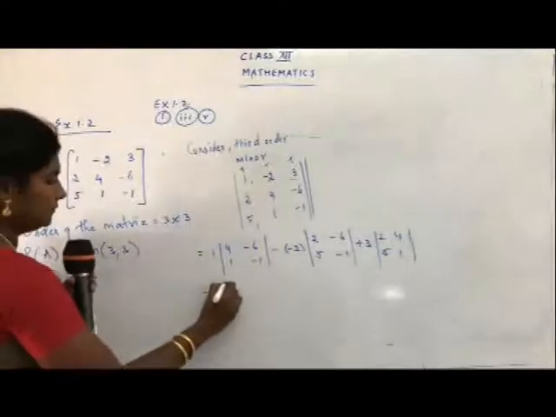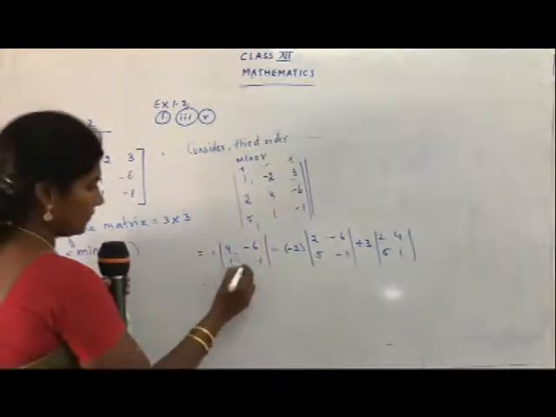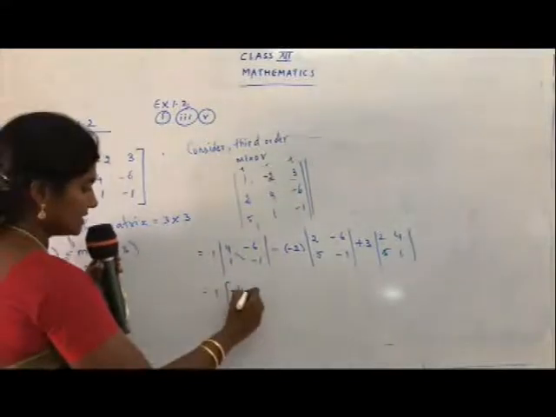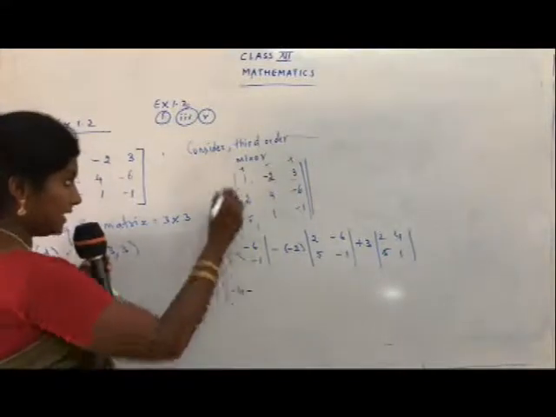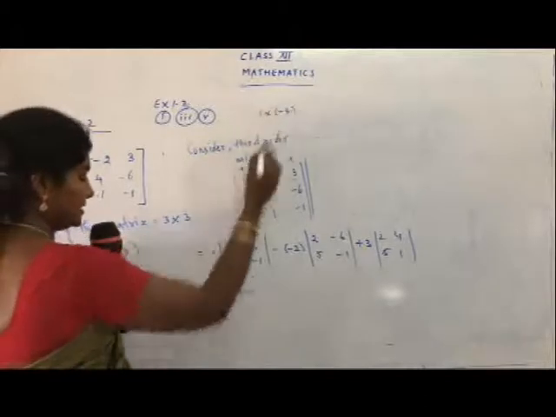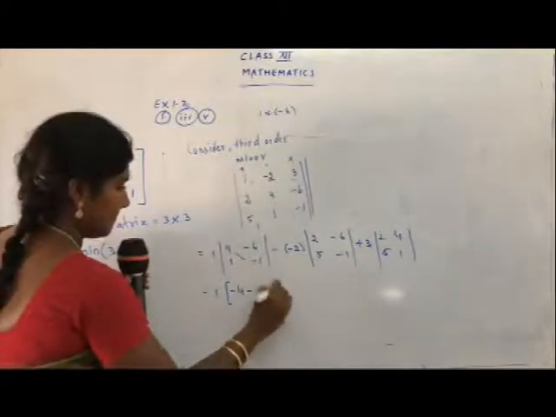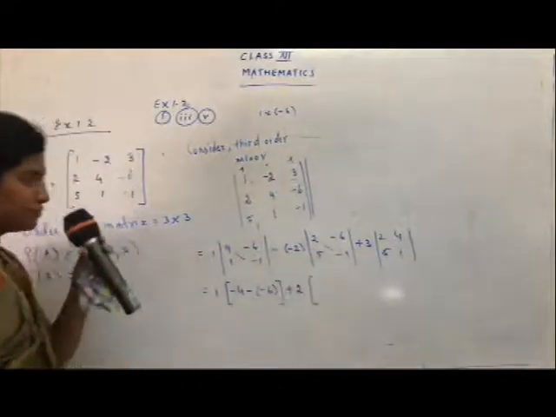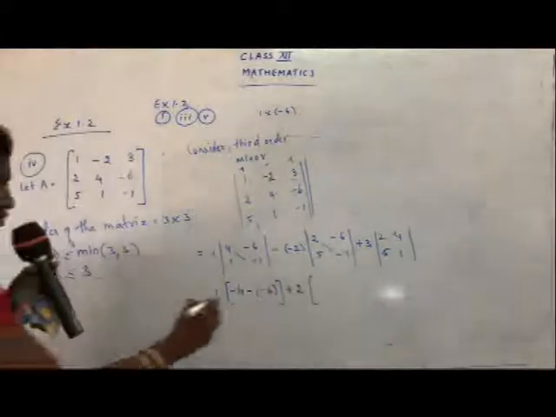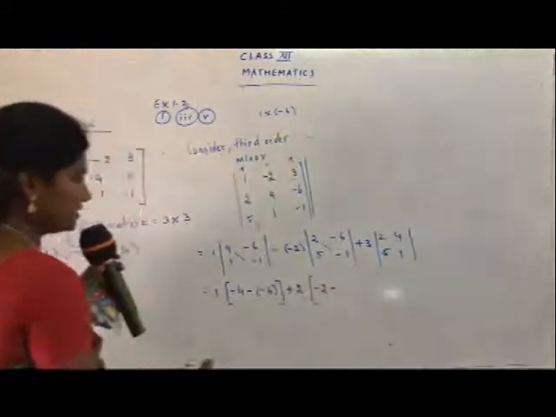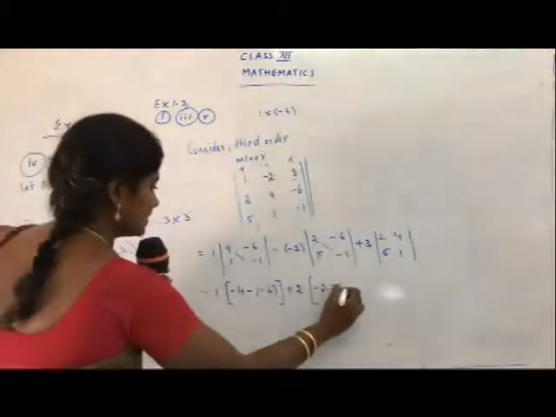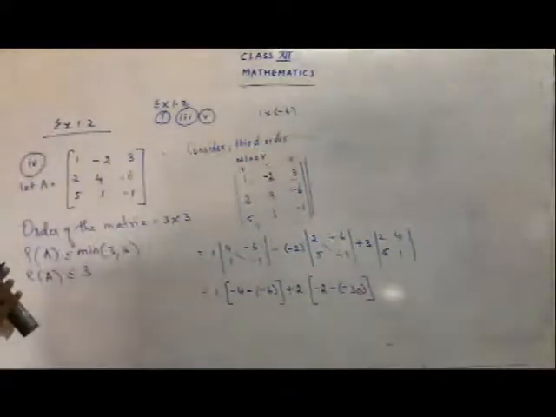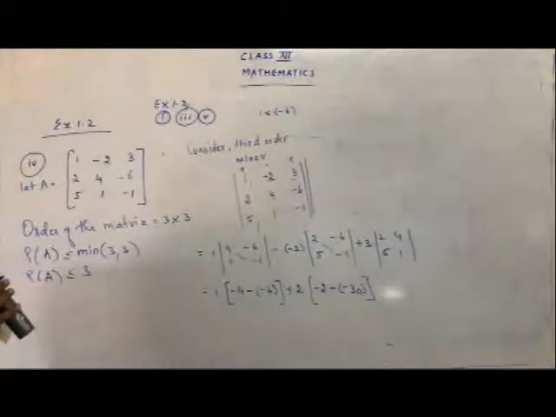So this is 1. 4 into minus 1 is minus 4. Main sign is minus. 1 into minus 6 is minus 6, yes, minus 6. Minus minus plus 2. 2 into minus 1 is minus 2, good. Minus 5 into minus 6 is minus 30. I hope you know all these procedures.